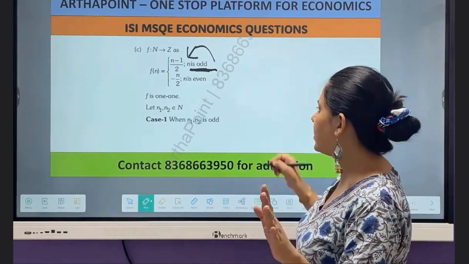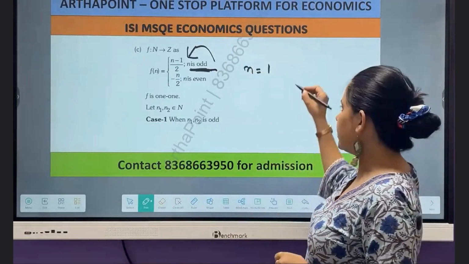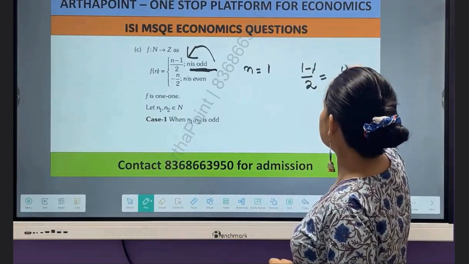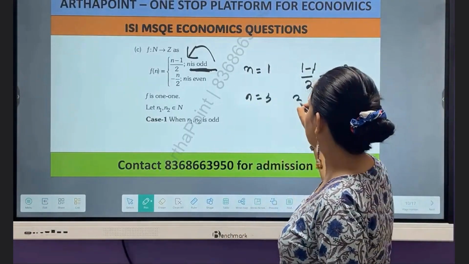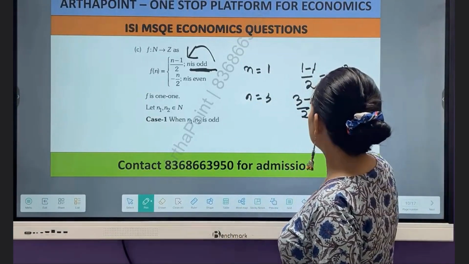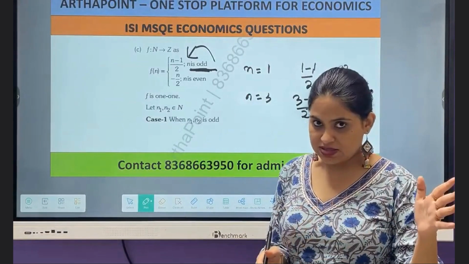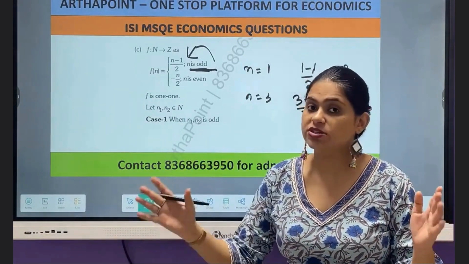Like I put n as 1, then I will get (1 minus 1) by 2, that means I will get 0. When I put n as 3, I will get (3 minus 1) by 2, 2 by 2, that means 1. I put different n's and I will get different functional values attached to it.